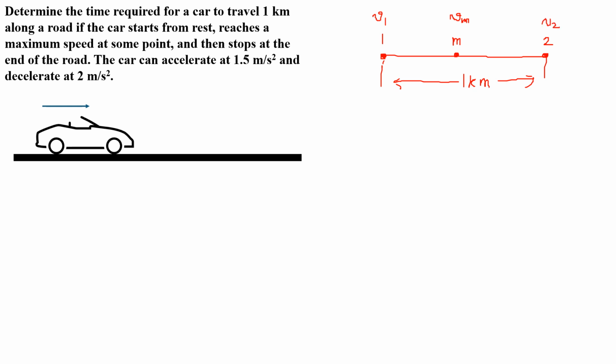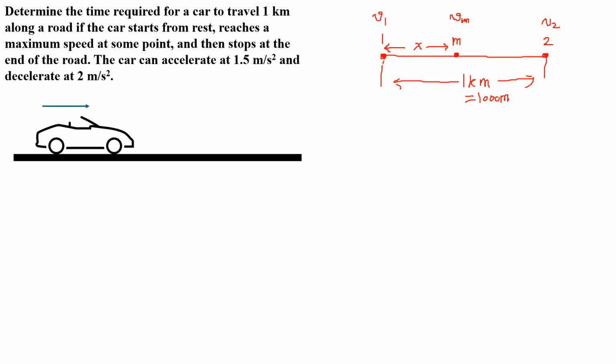Also, if this distance between 1 and M is x, because I'm not exactly sure where this point is from the starting point, let me call this distance just x. And if the whole is 1 kilometer, let me convert this to meter, it will be 1000 meter.